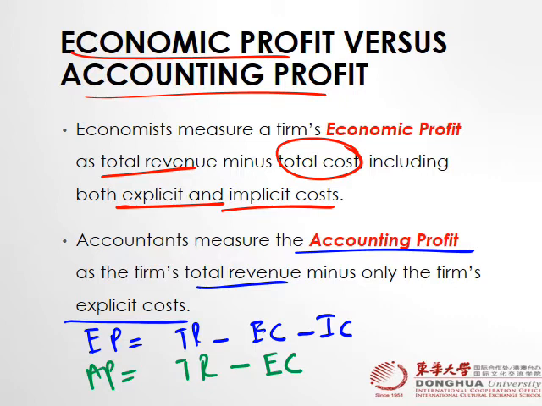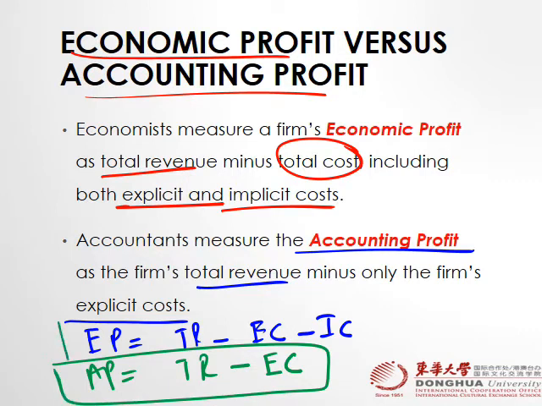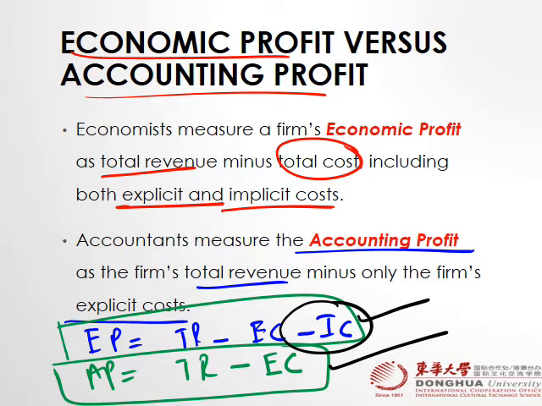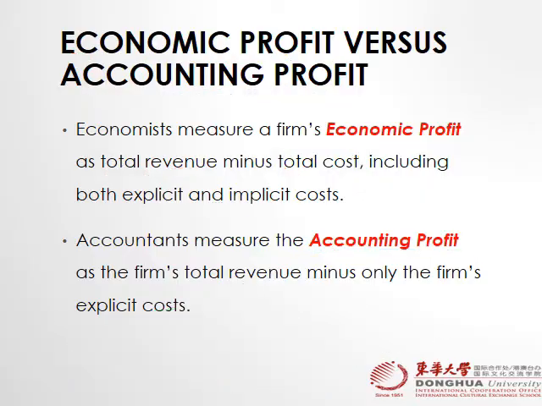So by just looking at the equation here, we can extract that the accounting profit is always greater than economic profit, or economic profit is always lesser than accounting profit, because of implicit cost.